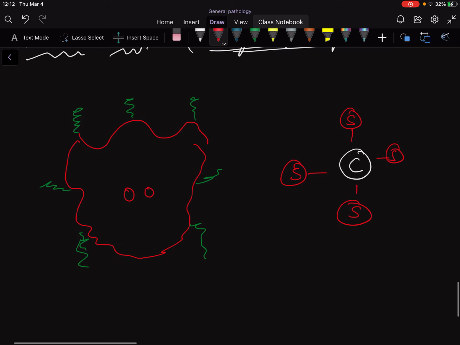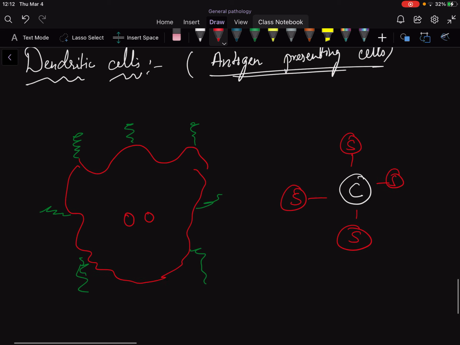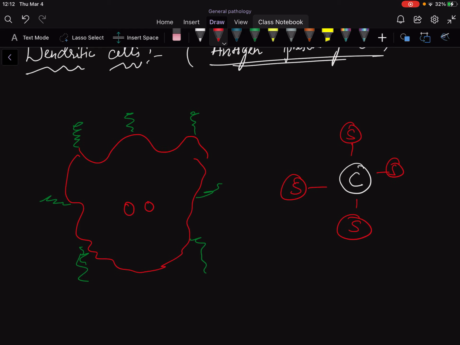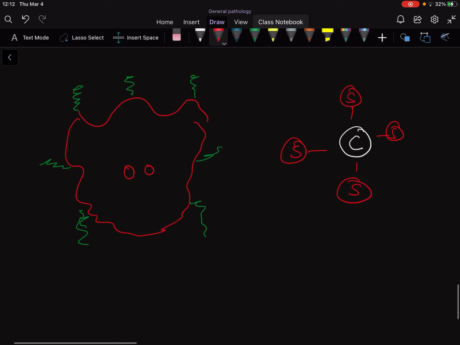Dendritic cells are never called phagocytotic cells because they cannot eat the virus or bacteria, whereas neutrophils and macrophages can eat the bacteria or viruses, so they are called phagocytotic cells. Whereas dendritic cells will just take a little part of it.